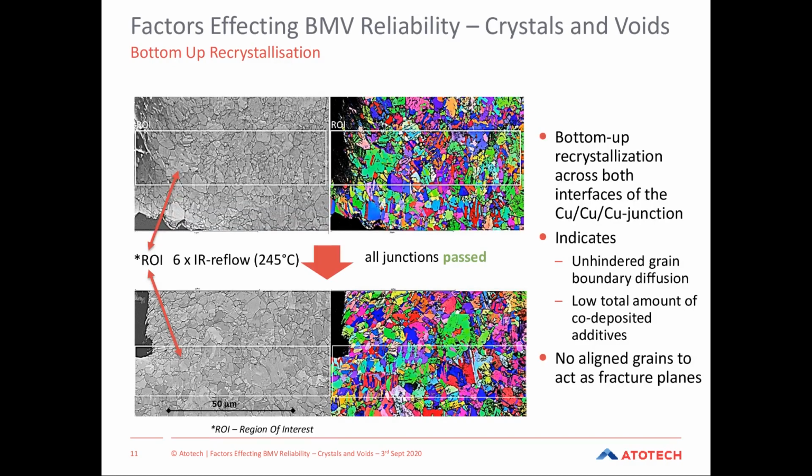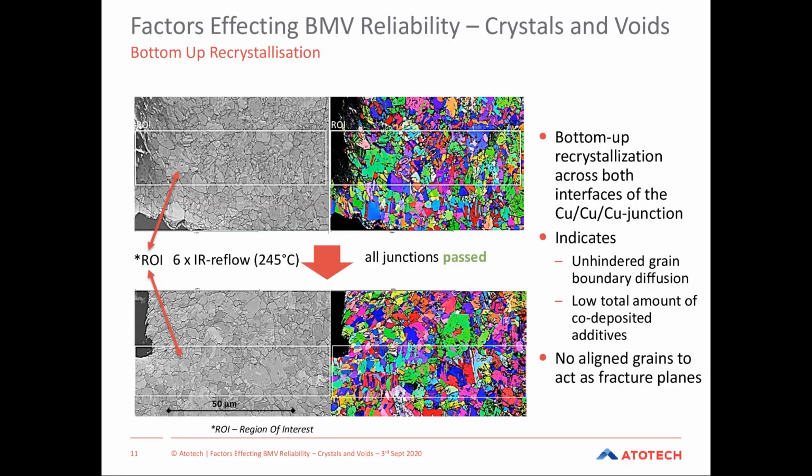The image on the left is a standard SEM image. And what's interesting with that one is you cannot see the interface between the substrate layer and the plated layers. Okay, so it's a bottom-up recrystallization structure. The two images on the right show you essentially the crystal orientation within the grains within the structure.